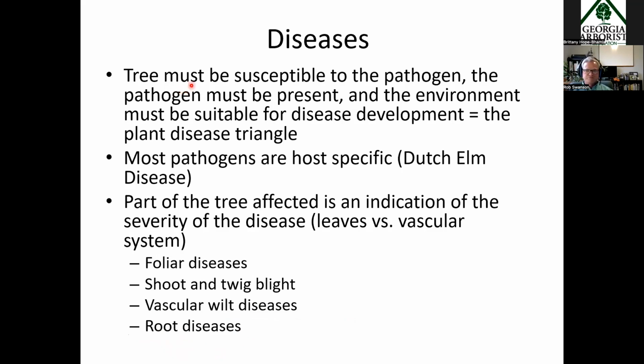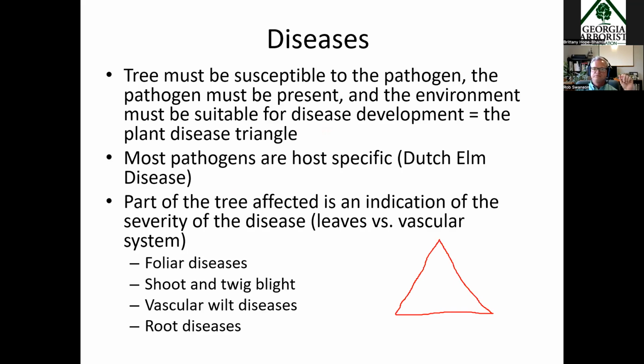So we talk about this sort of disease triangle business. Trees must be susceptible, the pathogen must be present, and the environment must be suitable for disease development. This is the disease triangle. Each side of the triangle has to be present.